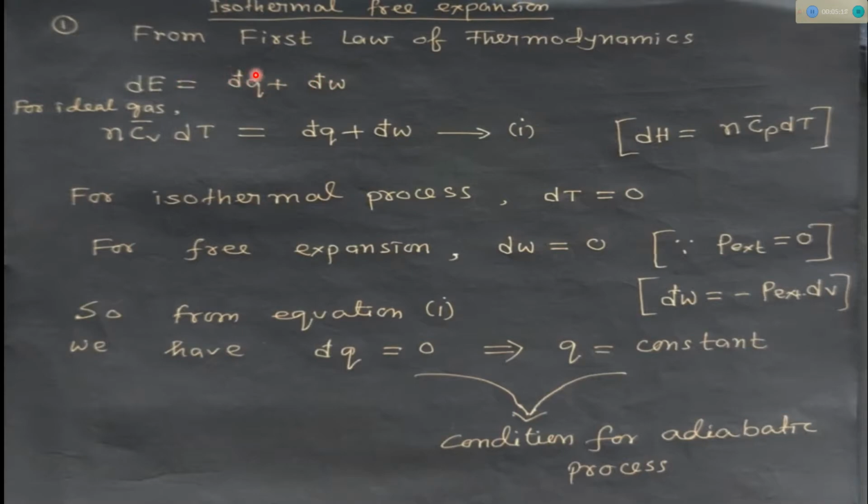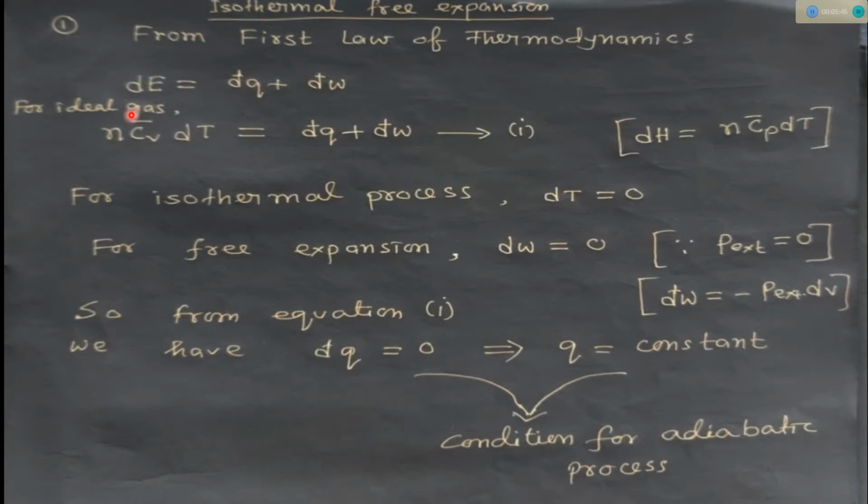This cut in d means the q term is not a state function. E is a state function, that's why simple d, but d-cut we use where the functions are not state functions. Q and W are not state functions, that's why we write d-cut here. So this is the first law of thermodynamics, and we all know its equation.